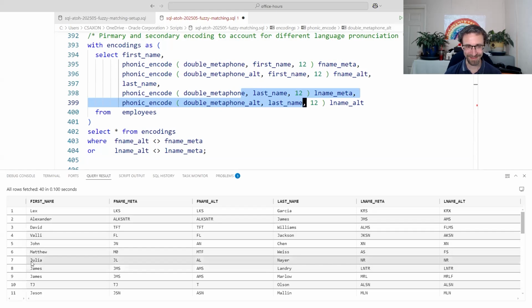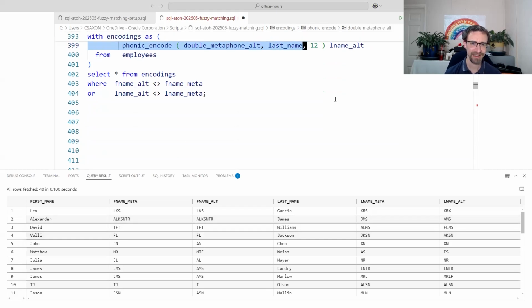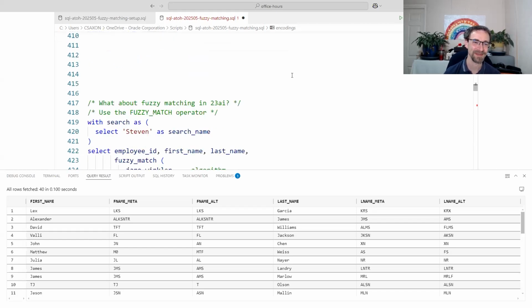The big one is names that start with J, where it's a J or an A. All vowels and Y's map to A at the start with Metaphone. So we've got more options so we can find things more easily which sound the same. So that's phonic encode, and that's looking like a much better approach, certainly much better than SOUNDEX for finding things.